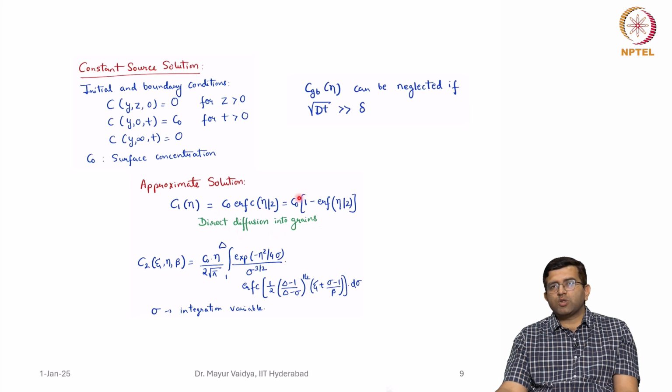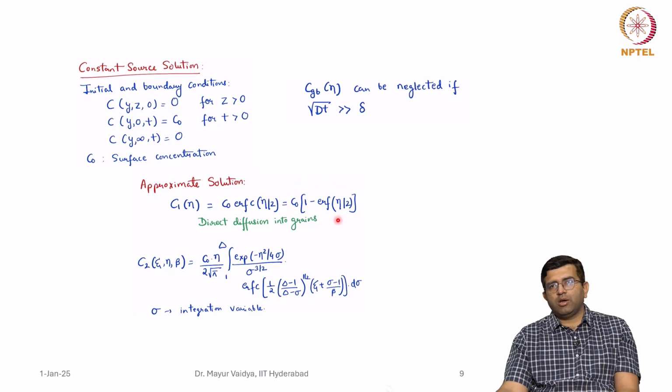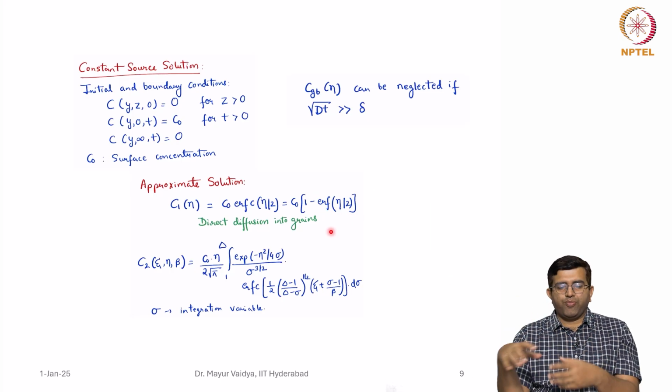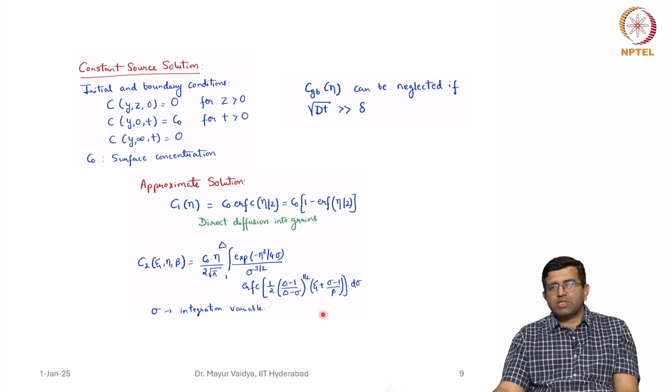This should also tell you that this looks similar to the carburization solution that we arrived at. So, some similarity is there, not exactly, but it is dependent on the error function, or the diffusion couple where we saw that which is given by the error function approximation. The second part is more complex, and I have just given the equation.